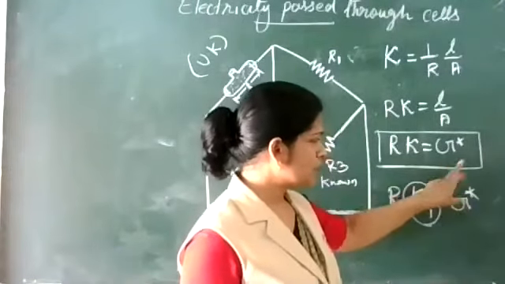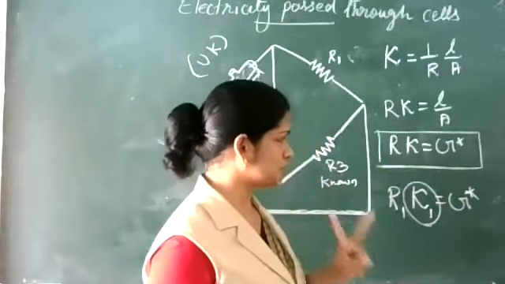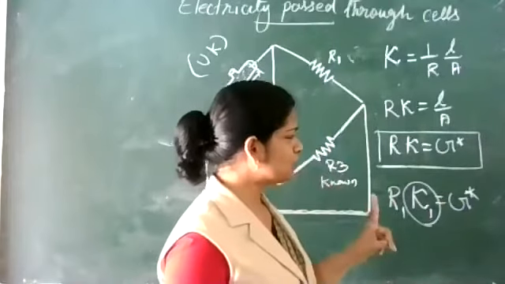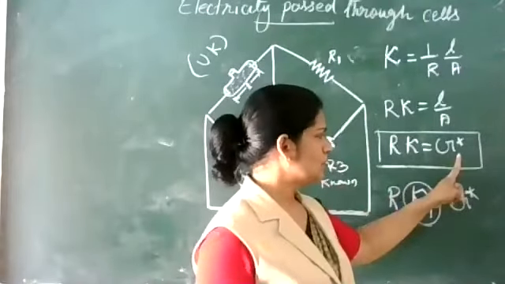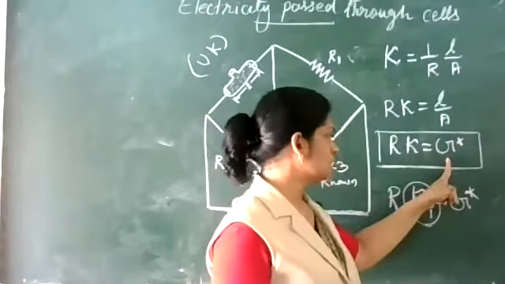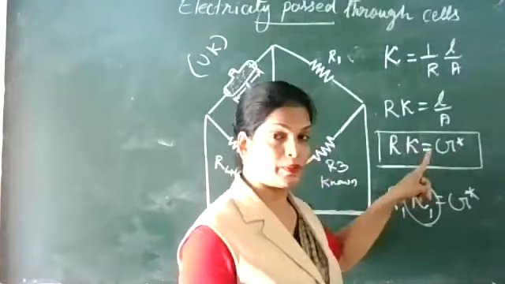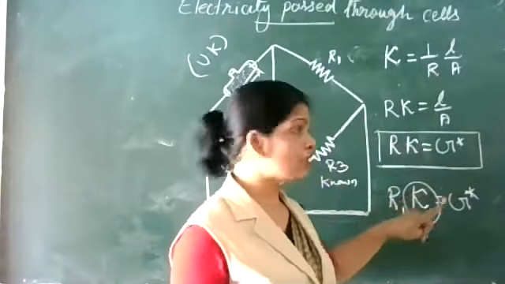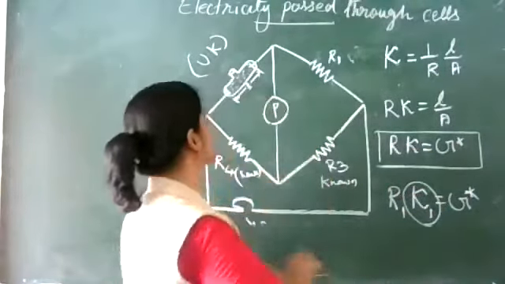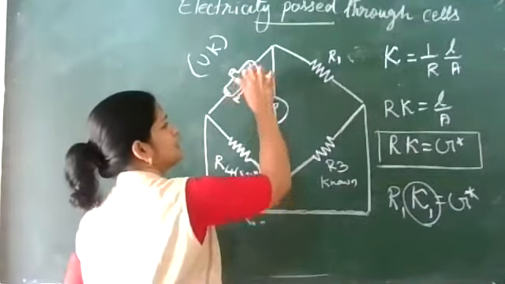These two steps are there for this experiment. First we have to find out the G star. To find out the G star, kappa of a particular solution will be given. That solution you fill in this conductivity cell.